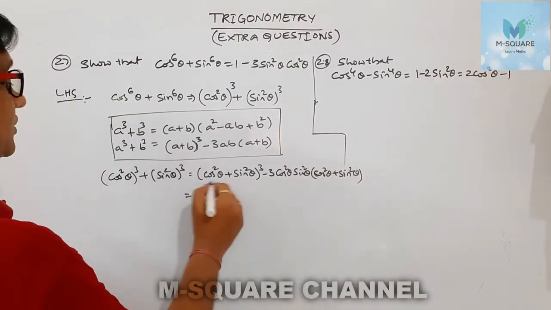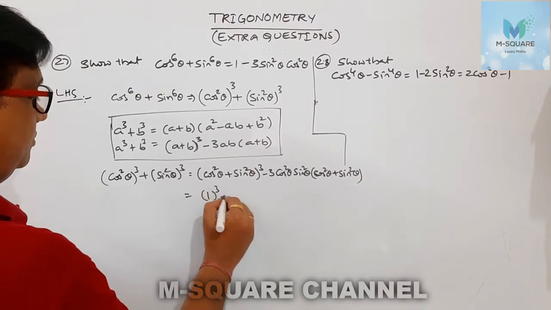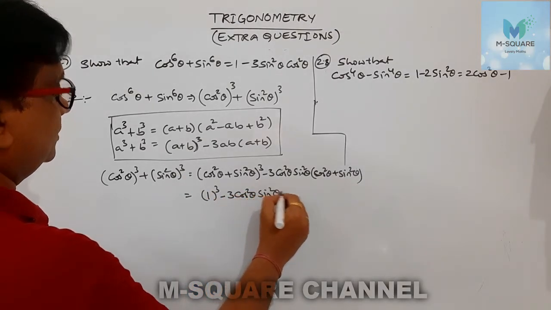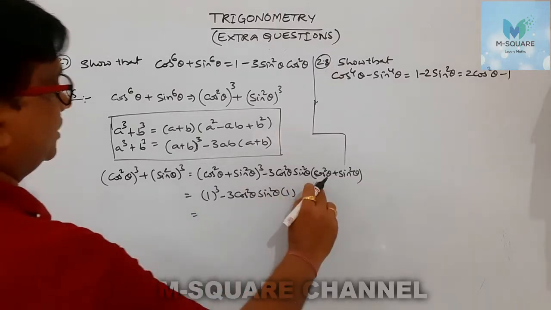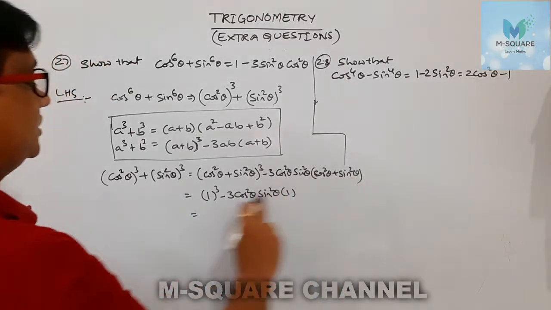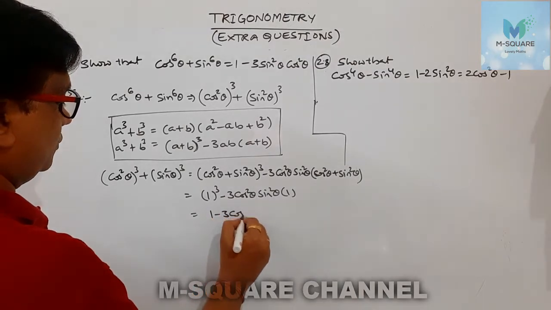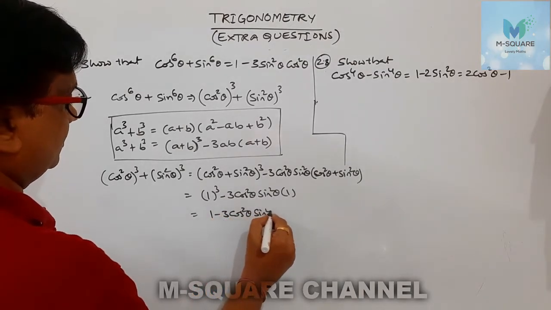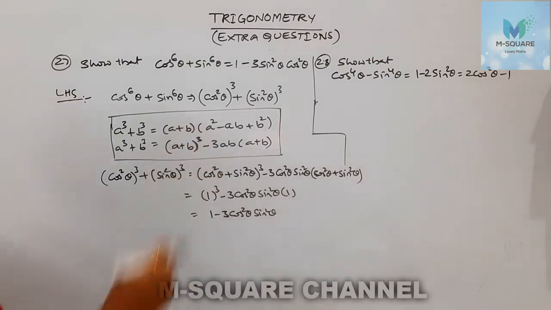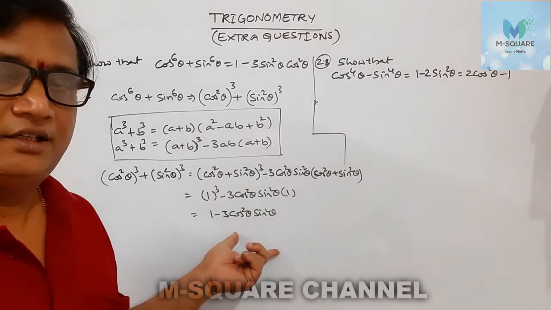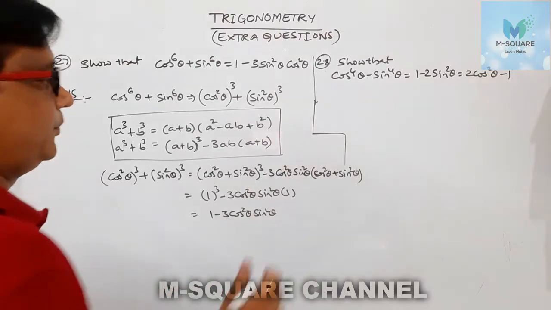Now this is 1 cube minus 3 cos square theta sin square theta into 1, because this part is also 1. Cos square theta plus sin square theta is 1. This is also 1. So finally 3 cos square theta sin square theta. You can utilize this one also, but you are going to have extra work while you are doing these sums.